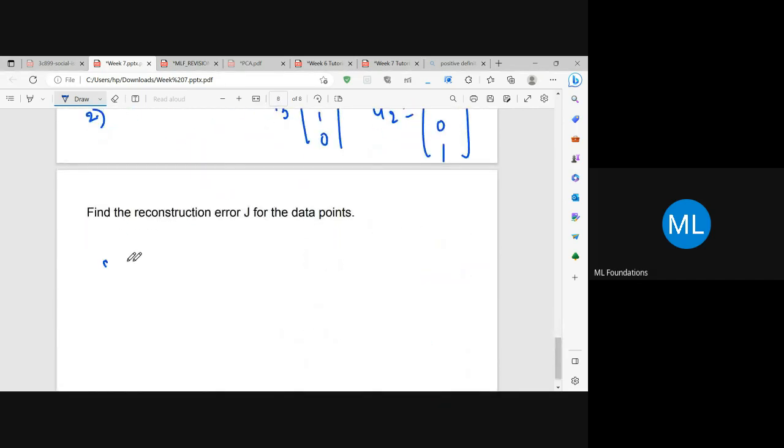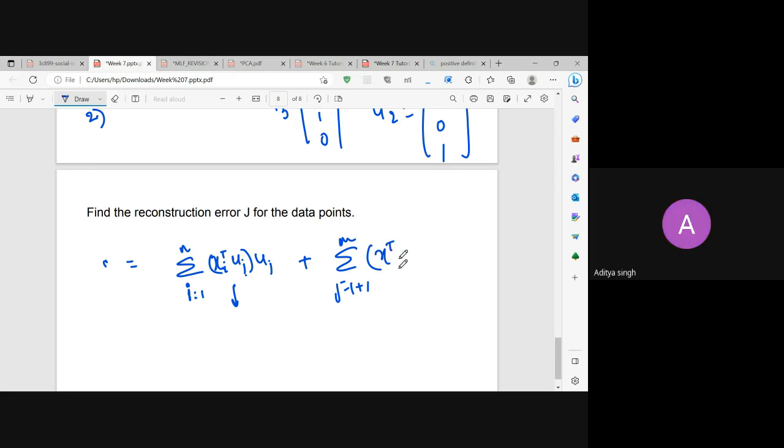So what is the formula that I was telling? Just tell me the formula now. The sum over i equals 1 to n, and the sum over j equals 1 to n of xi transpose uj times uj, because you are taking the projection of all the data on uj. Plus, here x bar transpose, because you are taking the projection on the remaining vectors u2, u3, uj.